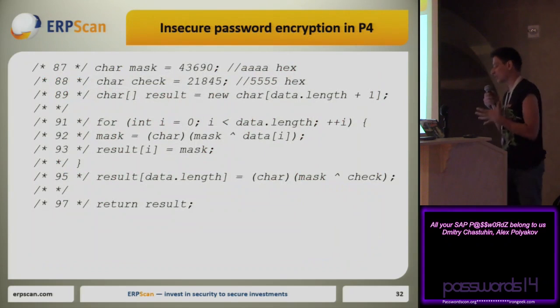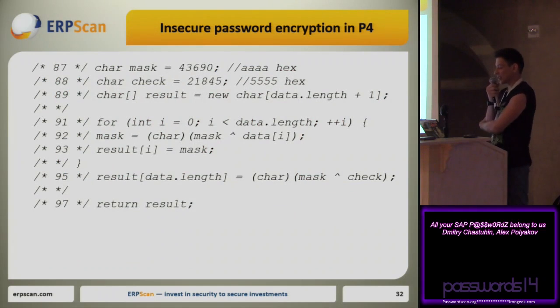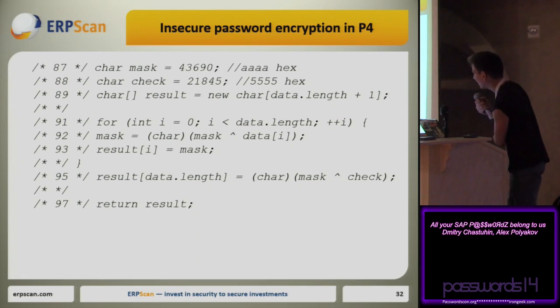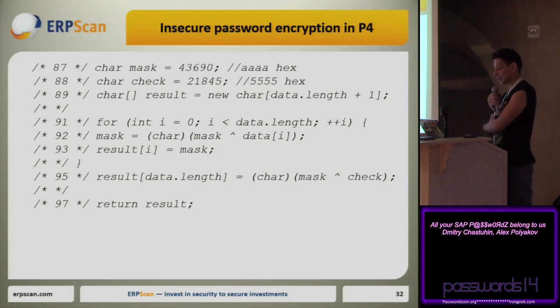Because Visual Administrator is a Java application, we can easily decompile it and understand which encryption is used. And again, XOR: all password characters are XORed with the static hex value AAA. Once again the key is hard-coded, and it is the same in all versions of Visual Administrator.